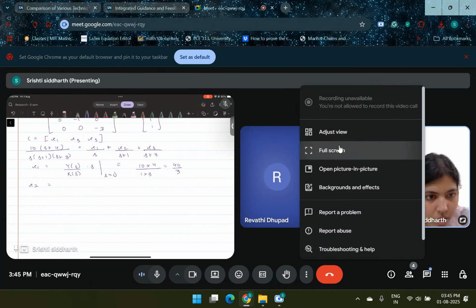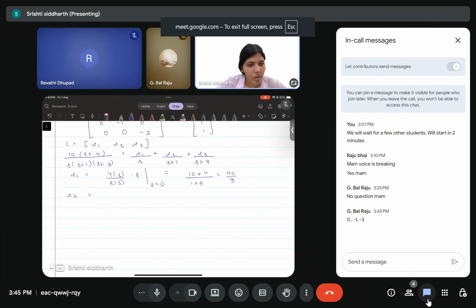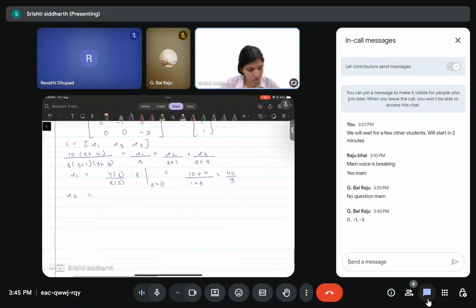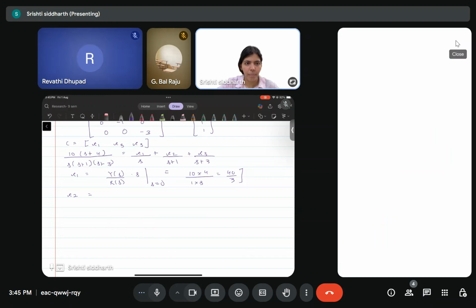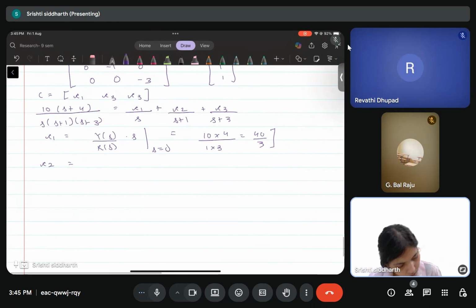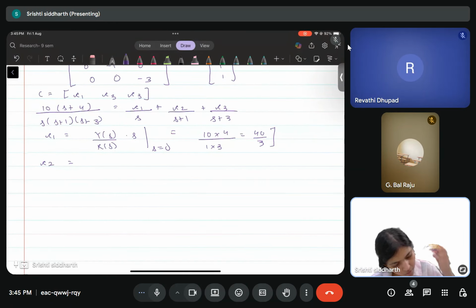Let's see. I think the first one is already calculated, right? 40 over 3, so it's not 0. Okay, so let's calculate it. C2 is going to be 10 times (4 minus 1), over (minus 1)(3 minus 1).